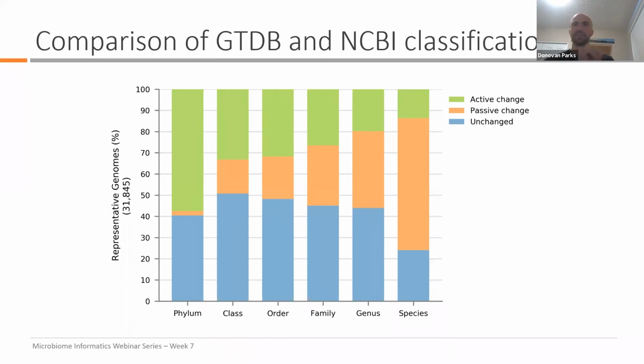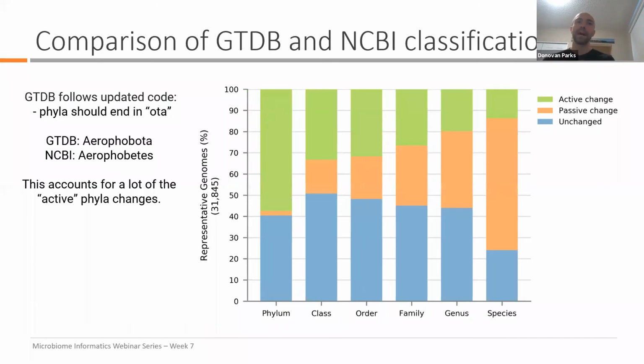And as a real example of that, the reason there's so much agreement at the phylum level actually comes down to just changing the suffix of some well-recognized phyla. In particular, the GTDB, we probably adopted too early the 2020 acceptance of putting phyla into the nomenclatural code.